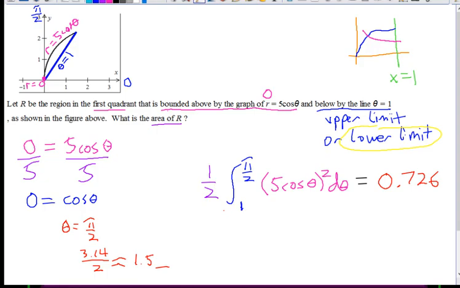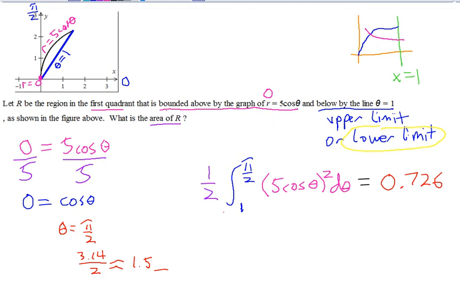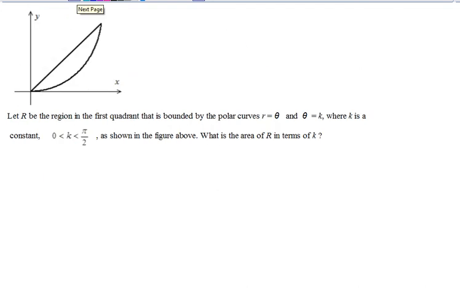All right. Last one here. This last one, the calculator is not really helpful. So it says let R be the region in the first quadrant, bounded by the polar curves r equals theta and theta equals k, where k is a constant. Remember what we said, theta equals a constant, like that other one with theta equals 1, is just going to produce a linear equation.